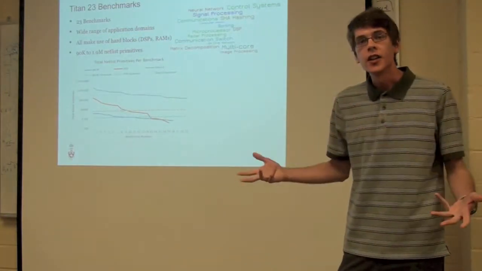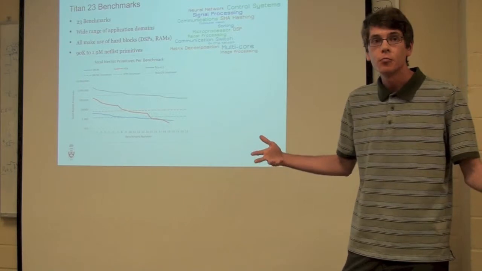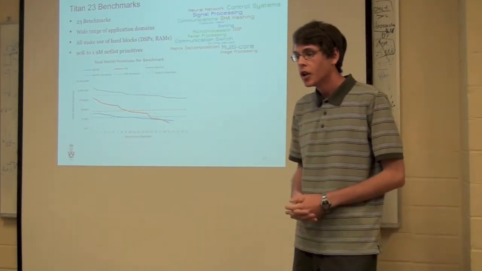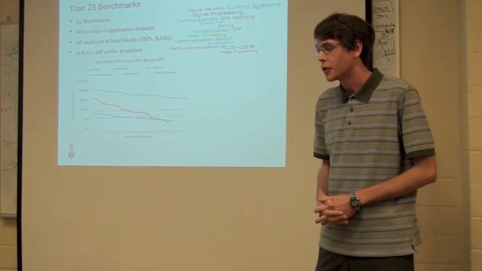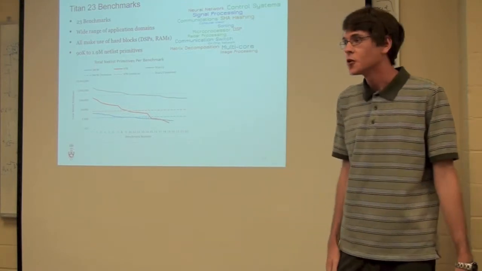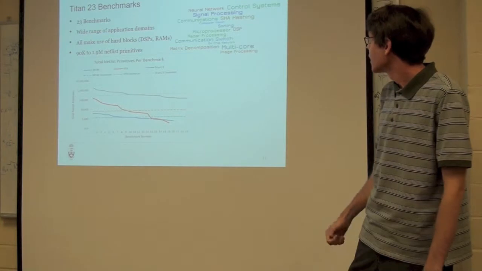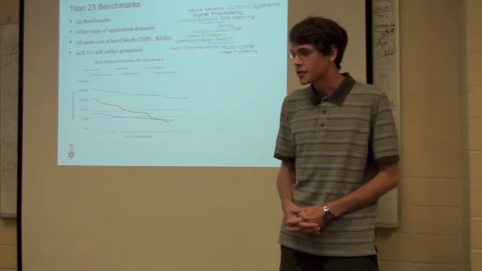So once we developed this CAD flow, we collected a bunch of benchmark designs in HDL, and we ran them through the flow, and selected 23 of them to make this Titan 23 benchmark set. These come from a wide range of application domains. Some of them are listed here. They include things like neural networks, hashing, matrix decomposition, and many other applications.